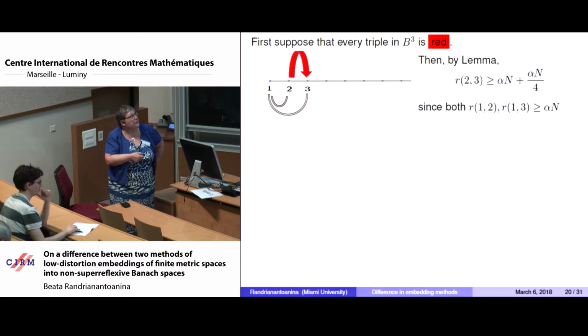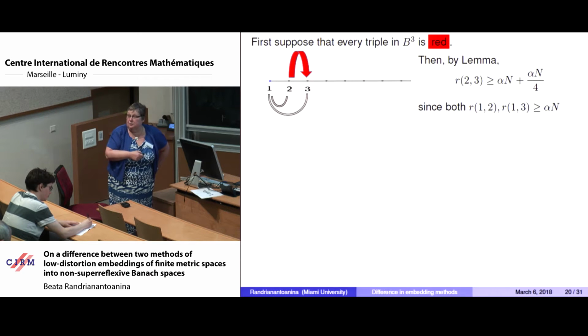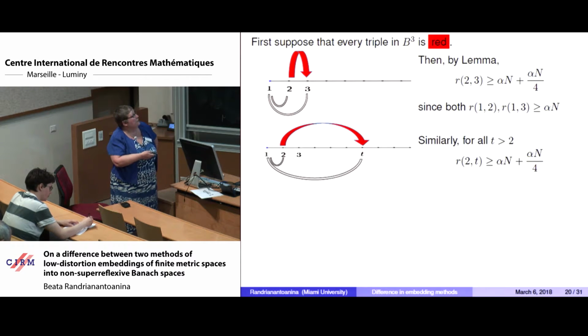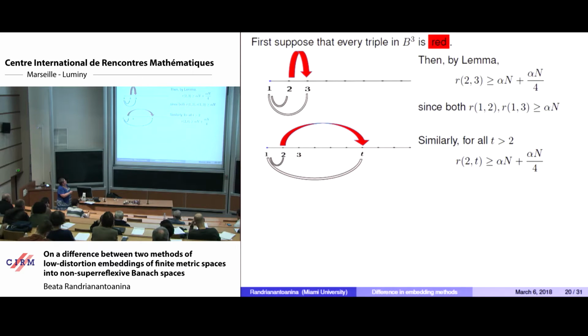Both of the previous ones were bigger than alpha n. This one is biggest, so it's bigger than the smallest of them, all right? So as we do that, did it matter that I had over here number 3? Well, it didn't matter at all. If I had a pair, a triple, 1, 2, and t, where t is some number bigger than 3, it would be same exact reasoning, right?